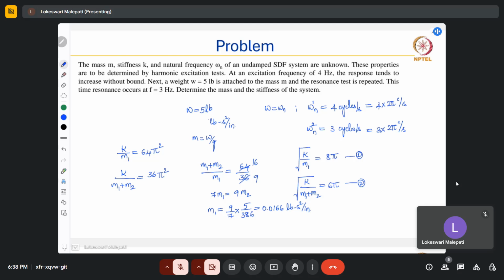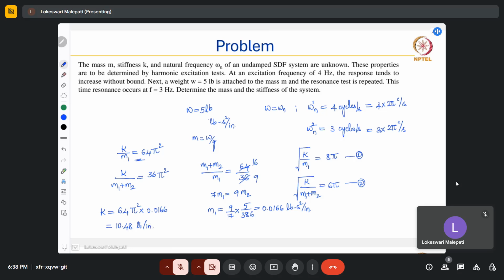Now they're asking us to also find the stiffness of the system. For that we can just substitute in one of the equations. So K will be equal to 64 pi square multiplied by mass 0.0166. If you evaluate, you would get 10.48 pounds per inch.